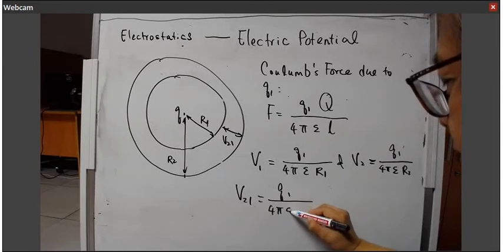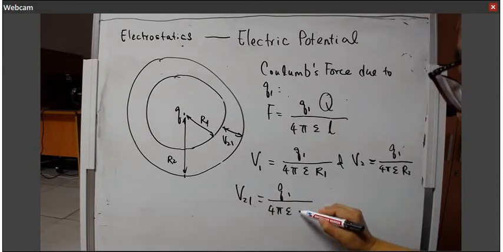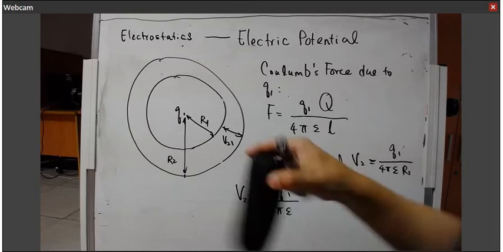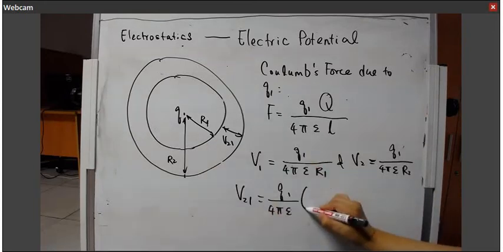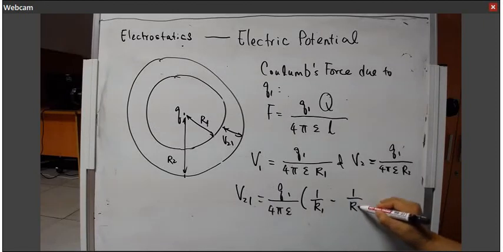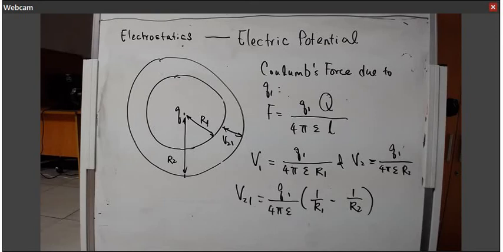So this is the voltage difference between these 2 points: 1 over R1 minus 1 over R2.